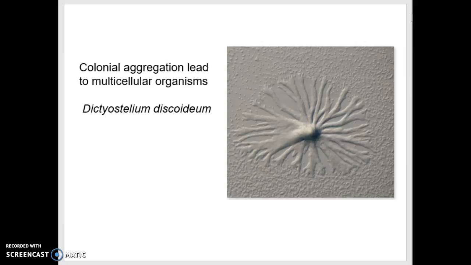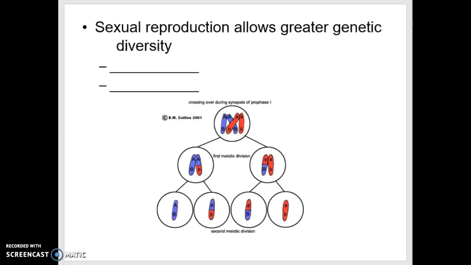So if the environment's changing, food's depleting, pH is shifting, temperature, moisture, etc., they come together and, like these little crazy transformer things, they group together, they attach to each other, and then they start working in conjunction as a multicellular organism. So we can see this with these things, and it's thought this is what possibly led to multicellularity in other eukaryotic cells, this type of scenario.